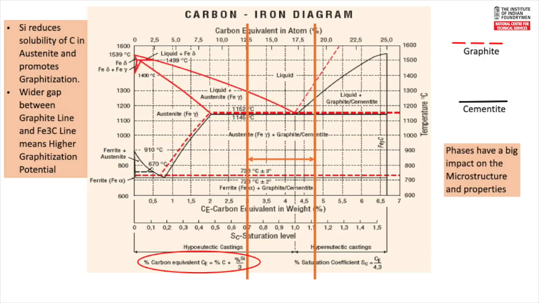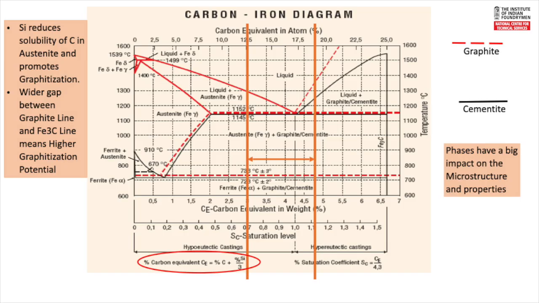Here is a typical iron carbon diagram. On the y-axis, you will see temperature. On the x-axis, we have carbon equivalent, and we'll come to the concept of carbon equivalent shortly. The lines that you see here, the solid lines, these are the phase boundaries.